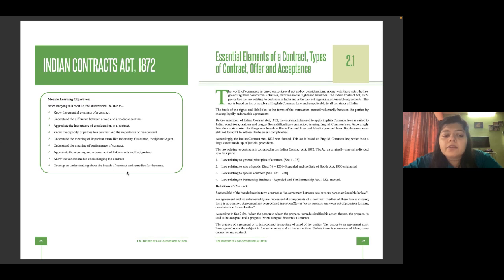When the particular contract is being spoken about, it can be with the bus conductor, the bus owner. If we are booking a flight ticket, it could be with the airline company.